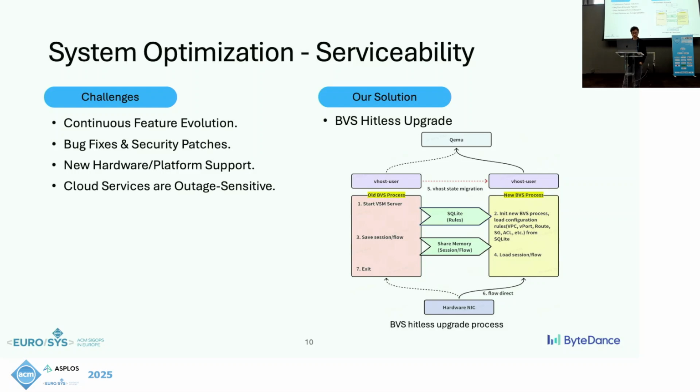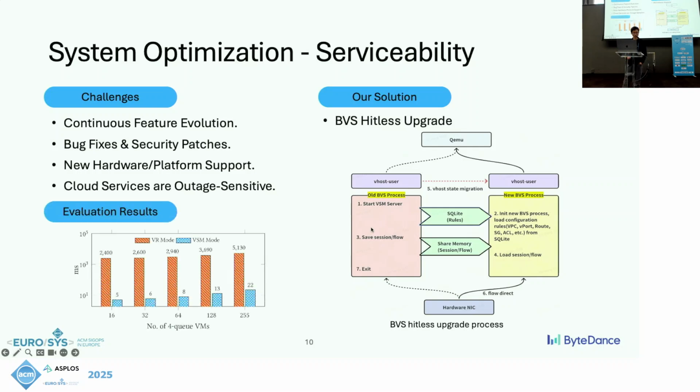So basically, when we need to do the upgrade, we spin up another BVS process, and we sync up all the configuration rules from the SQLite database. We also sync up all the previous sessions from the old process to the new process through shared memory. Then from the hardware NIC, we can redirect the traffic to the new BVS process, and then we can kill the previous one.